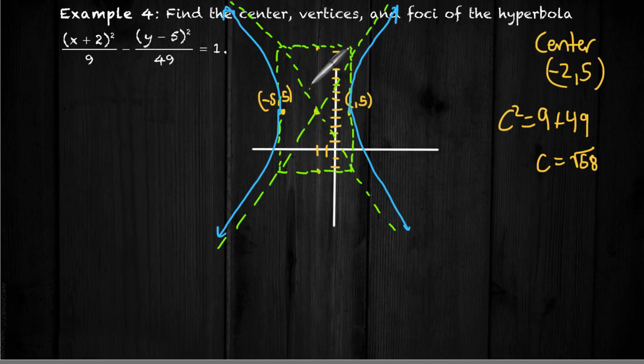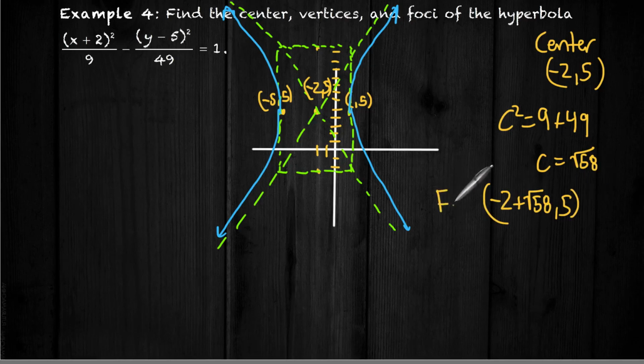So if our center is negative 2, 5, and we're going right, then that means we need to do negative 2 plus root 58, comma 5. That's our one focus. And then our other is going to be negative 2 minus root 58, comma 5. So those are two foci.